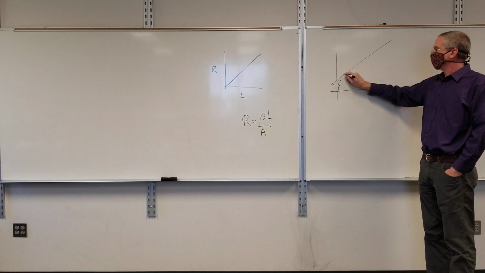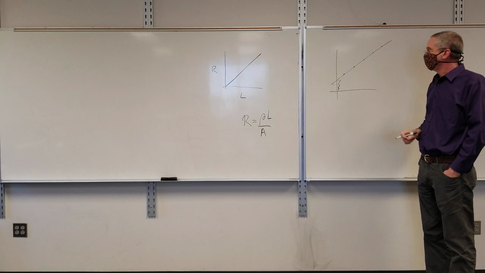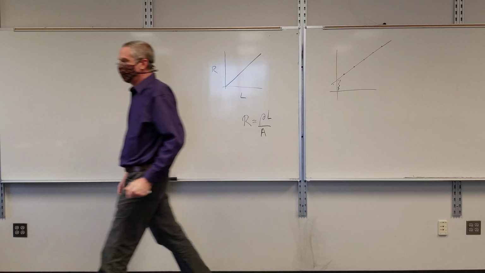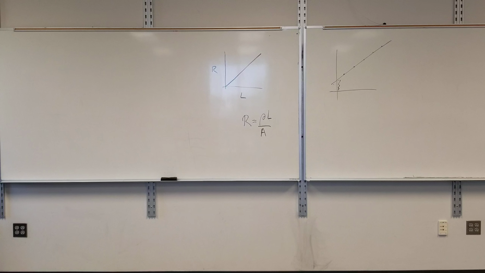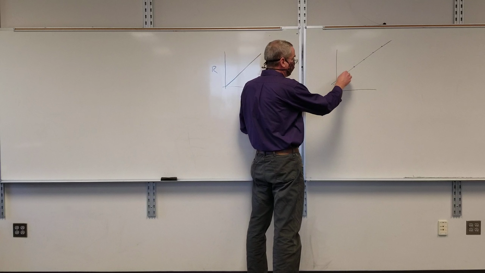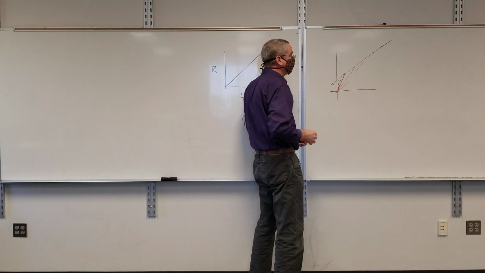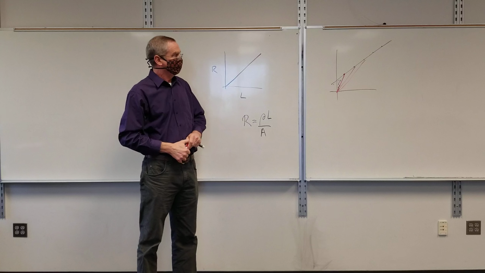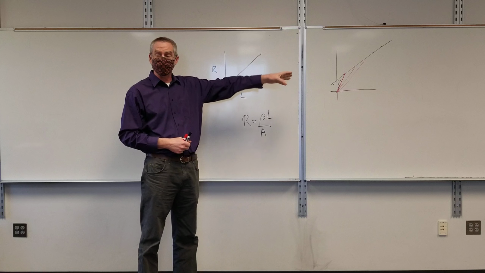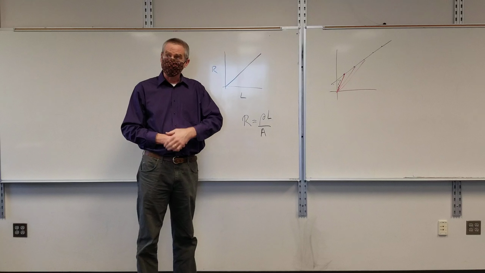Let's say these points line up perfectly, or at least close enough. If I just did R over L, going with what Brooke had said, basically what I'm doing is I'm finding that slope. If I just do R divided by L, I'm finding the slope of each of those points going through the origin, which that doesn't.